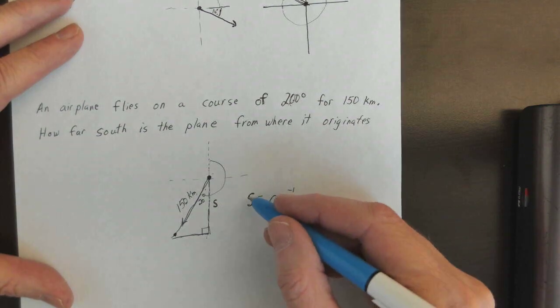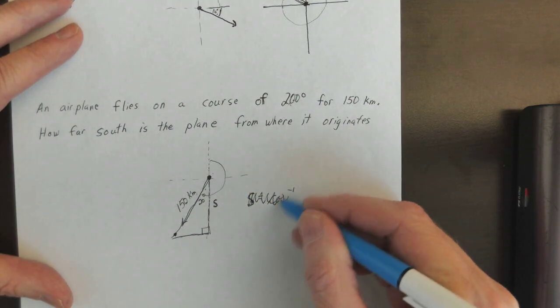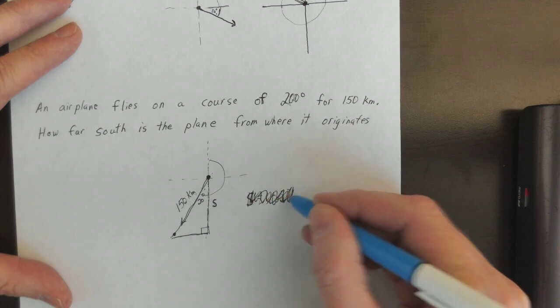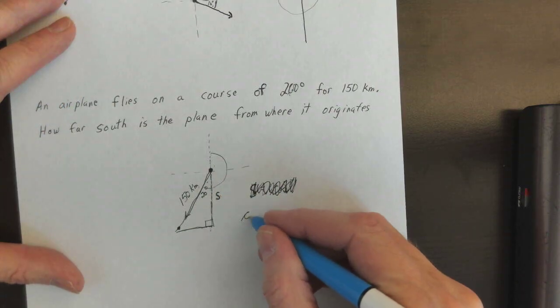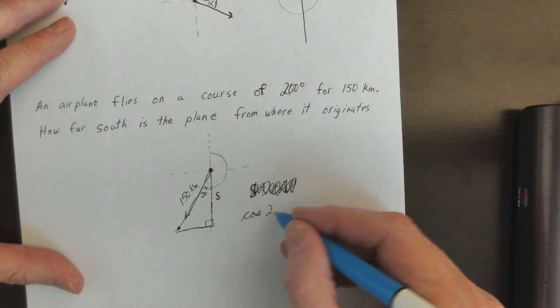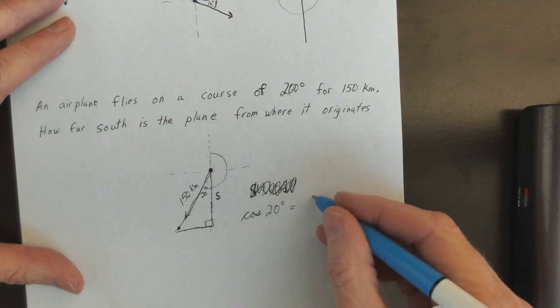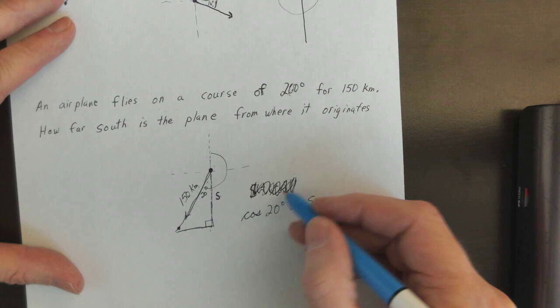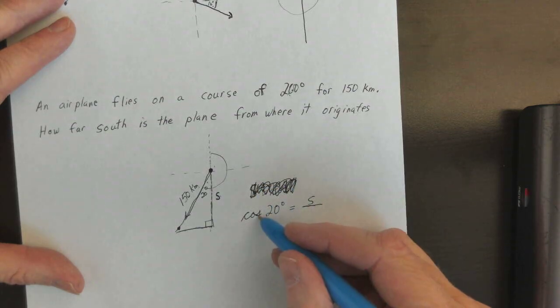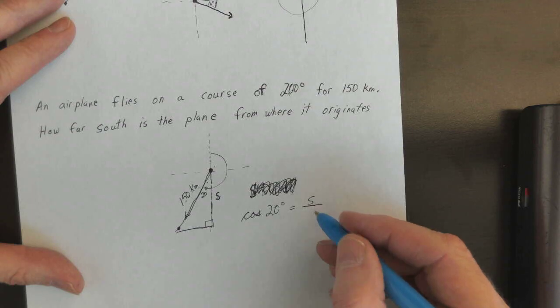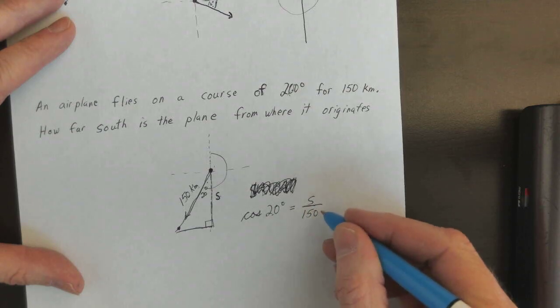Okay, let me start again here. That's not quite the direction I wanted to go there. Okay, we got S. Let's just set it up. The cosine of 20 degrees is equal to S. I started going solving for angle, and that's not what I'm solving for on this. Cosine of 20 degrees is S over 150.